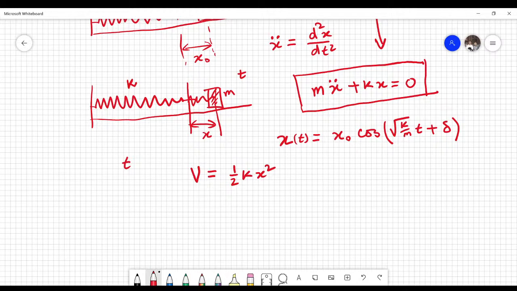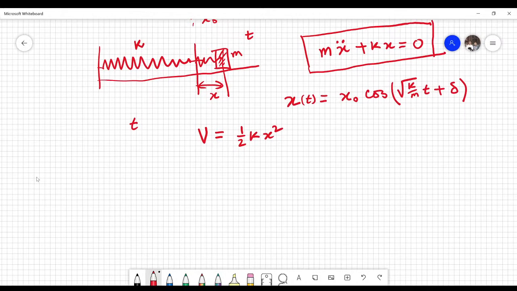This x is changing over time, so the stored energy in the spring would be changing. At that same time the kinetic energy, say T, would be half m v squared, where v is the instantaneous velocity of the mass m.